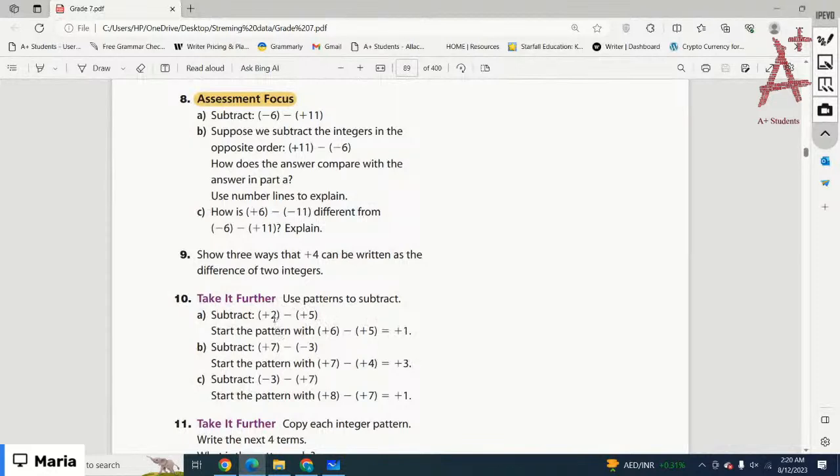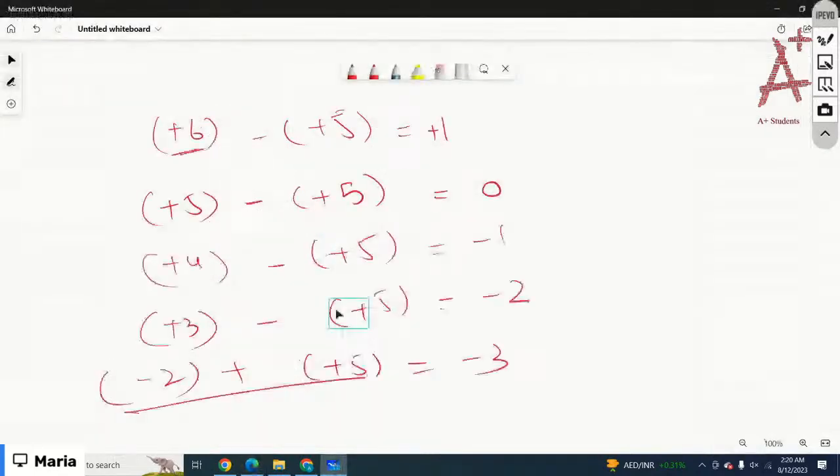That's why I changed the first integer. So positive 2 minus positive 5 equals negative 3, right?